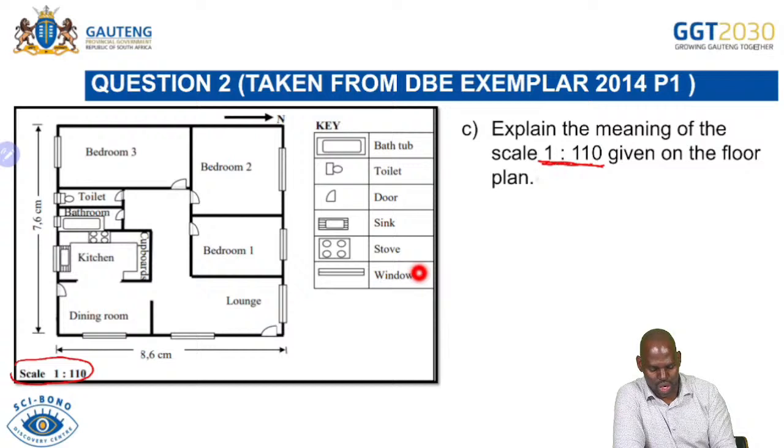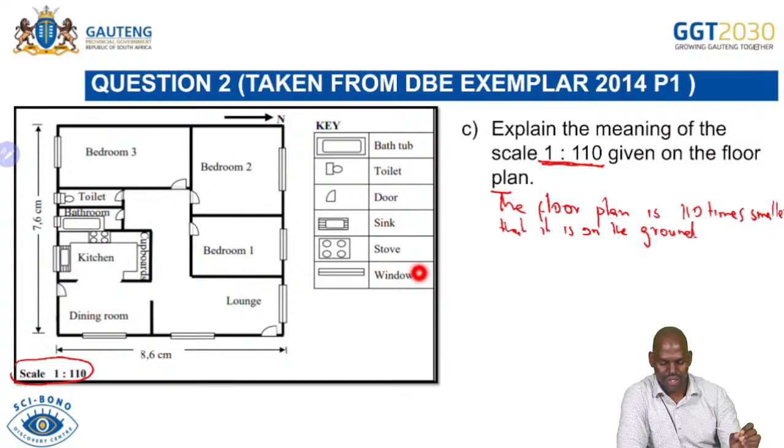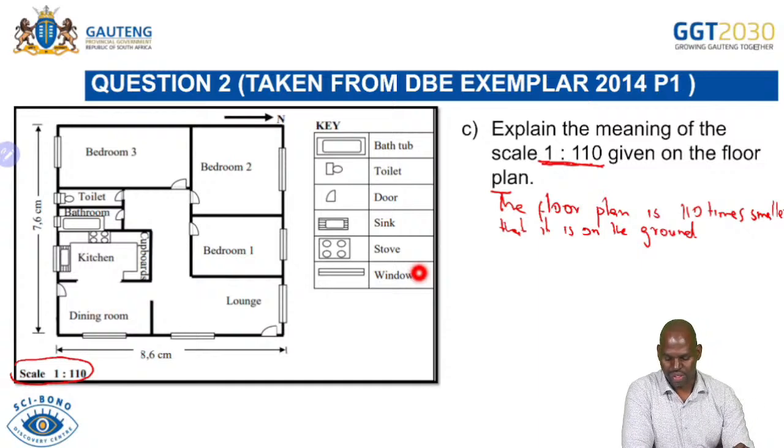So one can say the floor plan is 10 times smaller than it is on the ground.